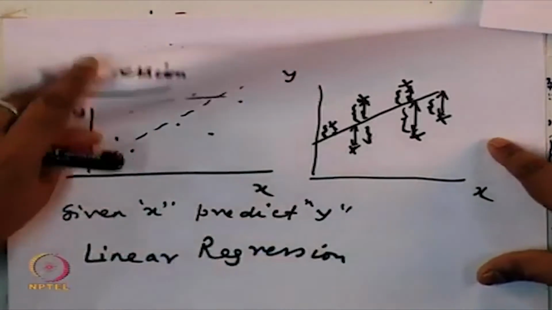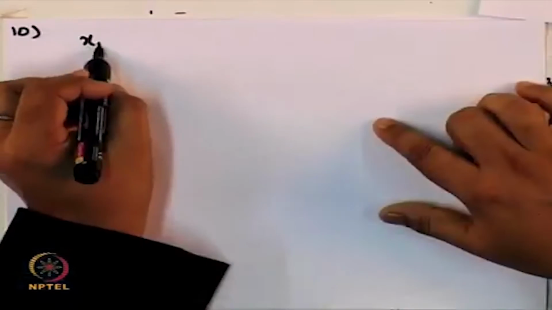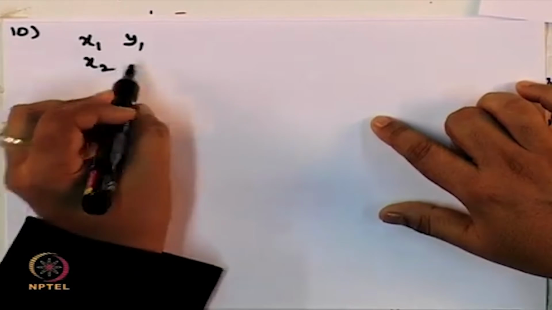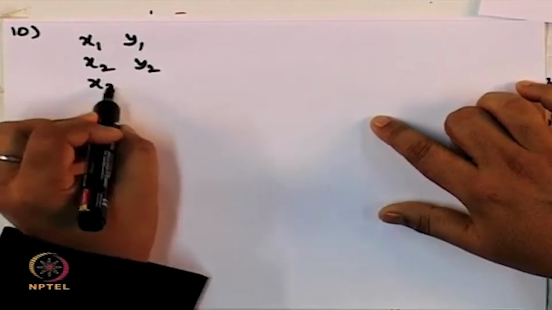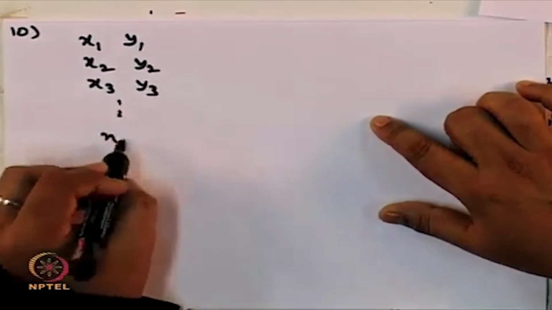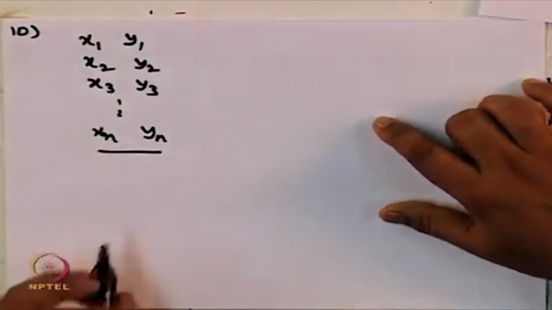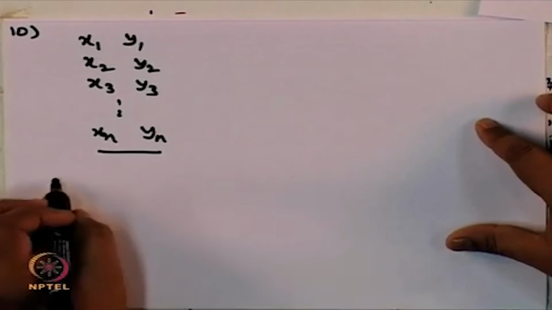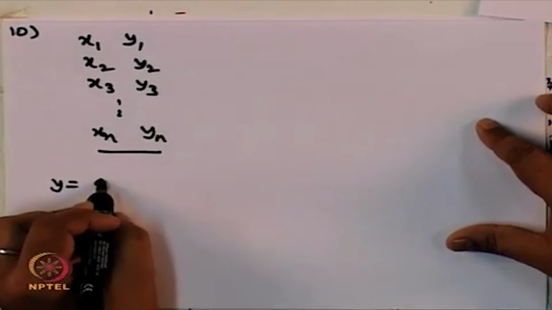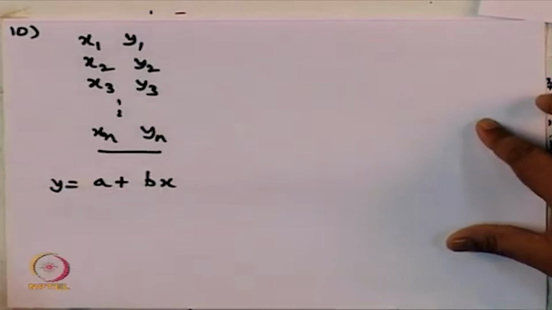So, let me reframe the problem statement. You have, let us say, x1 y1, x2 y2, x3 y3, up to xn yn, n values. Given n values, can you draw a line y is given by a plus bx.